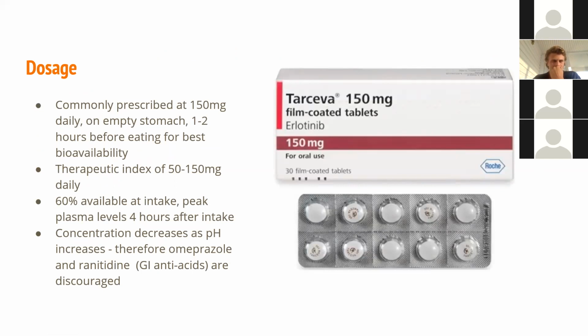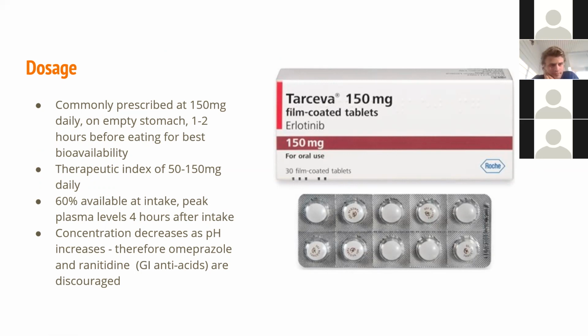Dosage: Tarceva is commonly prescribed at 150 milligrams daily, and is best given on an empty stomach, 1 to 2 hours before eating for best bioavailability. The therapeutic index is 50 to 150 milligrams daily. There is 60% available at intake, and peak plasma levels occur 4 hours after intake.